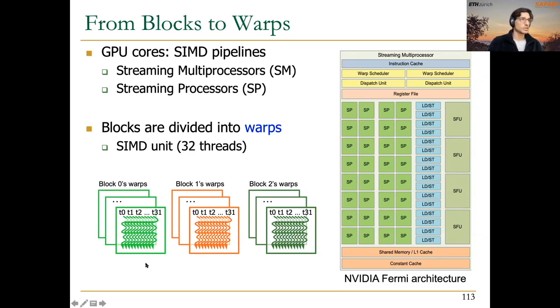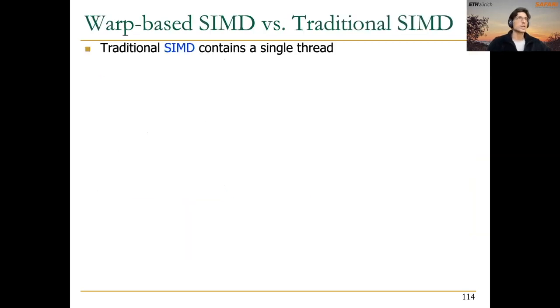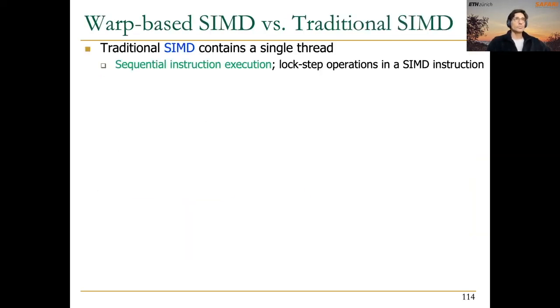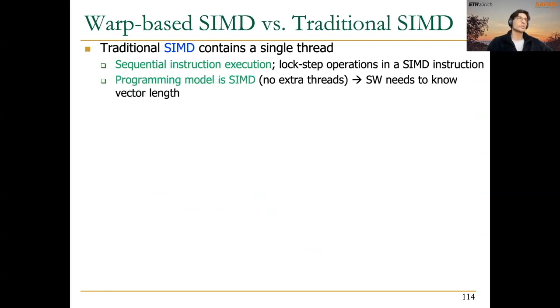So this might be one warp, divided into warps of 32 threads. We can compare this warp-based SIMD execution with the traditional SIMD. In the traditional SIMD, we have a single thread, sequential instruction execution.